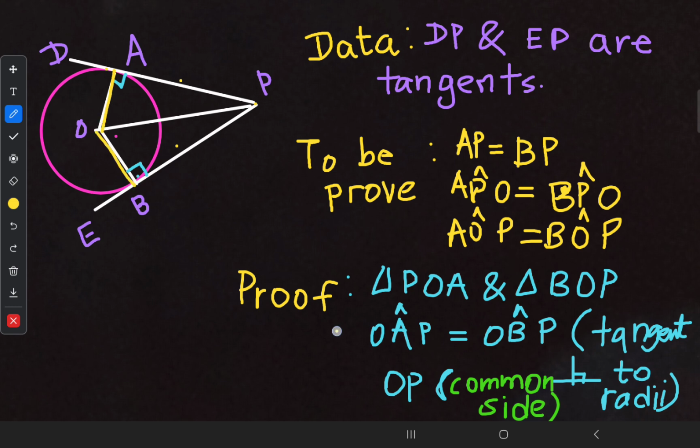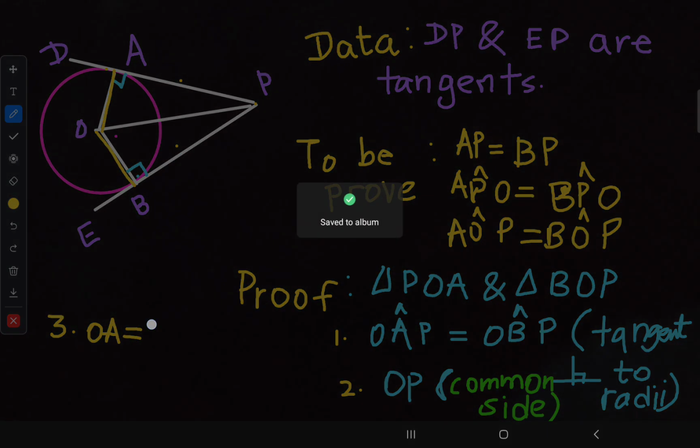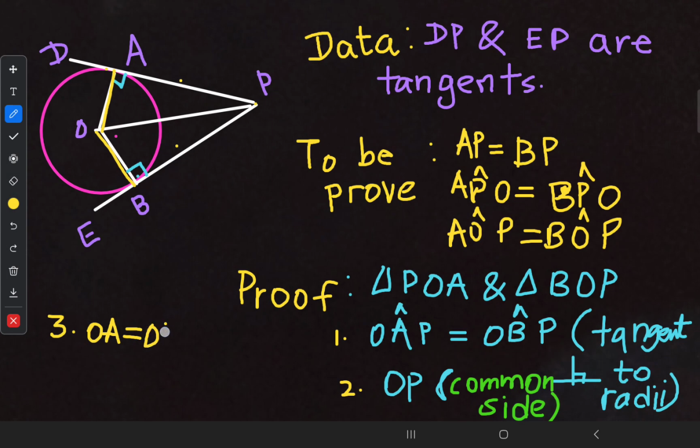Third is OA equals OB, because those are radii of the same circle.